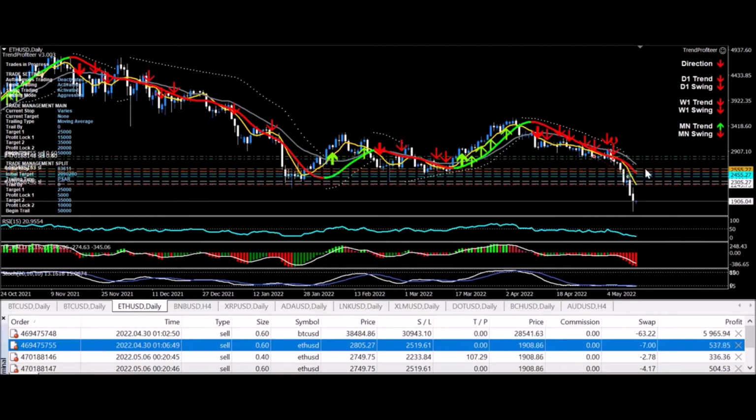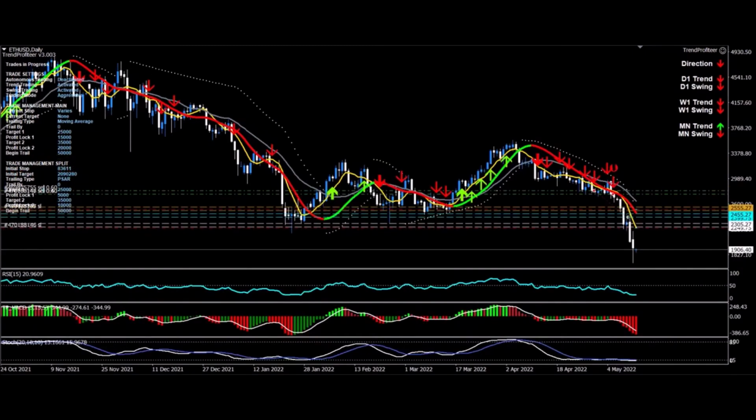What I do is I split that one trade into 2 trades, and then I can trade both conservatively and aggressively at the same time. So I just wanted to show you that real quick, how much money you can make using a good trading system.